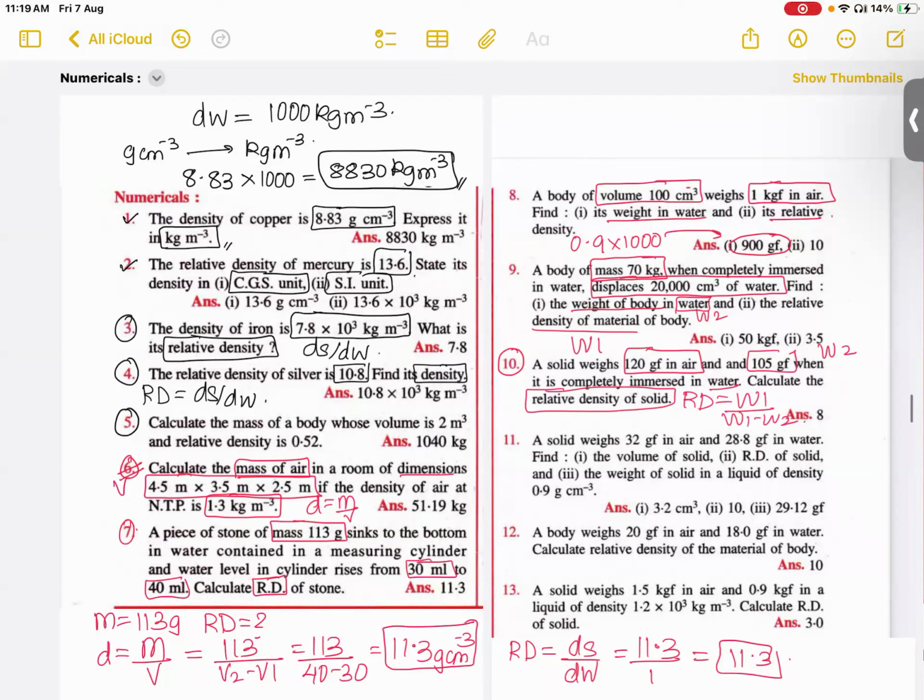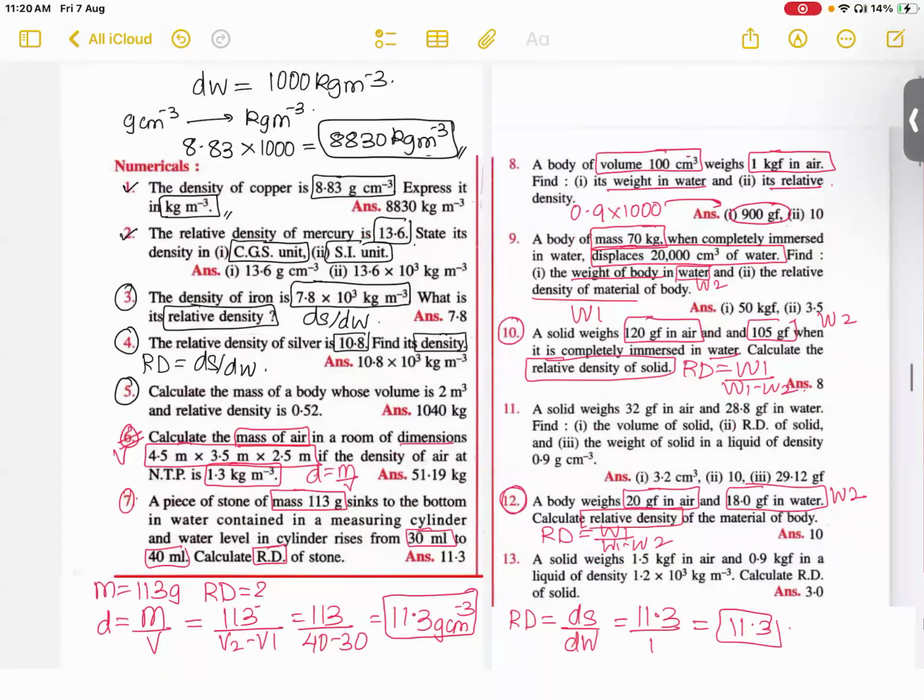Same way, this is also there, the 12th one. Weight in air is given, W1. Weight in water is given, W2. Expecting me to calculate RD, I'll use the same formula. RD is equal to W1 upon W1 minus W2. Easy, guys. Simple. Pakka. Chalo. Let's take the next one.